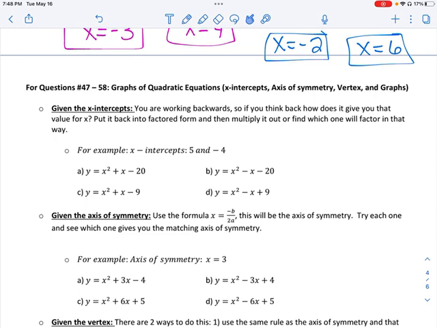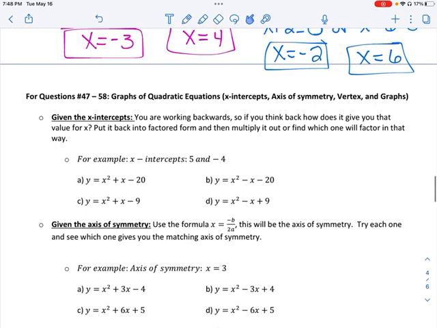So if I look at this, I want a +5. So that means my grouping should have been x minus 5, because I take it over across the equal sign when I solve. Since I have a -4, then my grouping would be x plus 4.